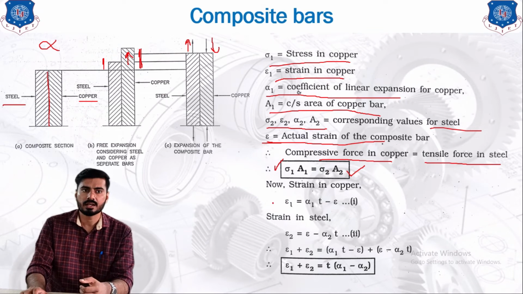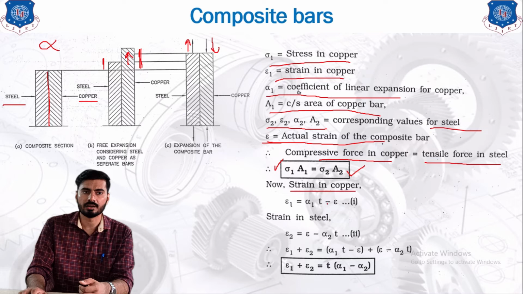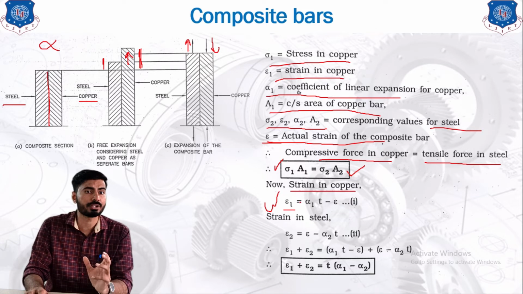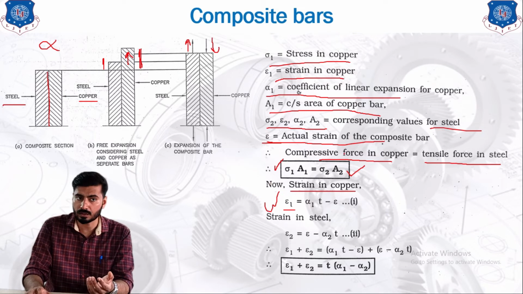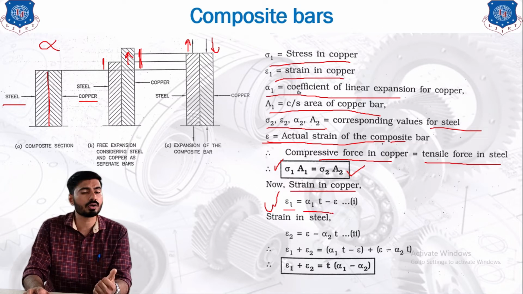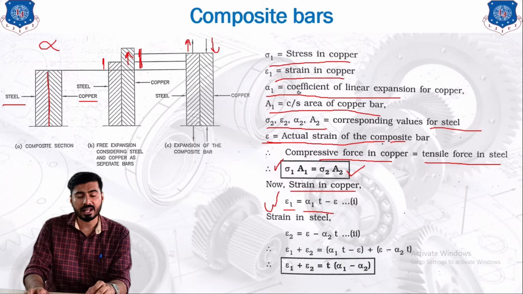What is that equation? The strain in the copper is written as epsilon 1. As you can see, epsilon 1 is the individual strain of the copper material only. If we allow free expansion, the amount of strain will be alpha 1 into T. That is based on the free expansion definition that we have learned in our previous lectures.